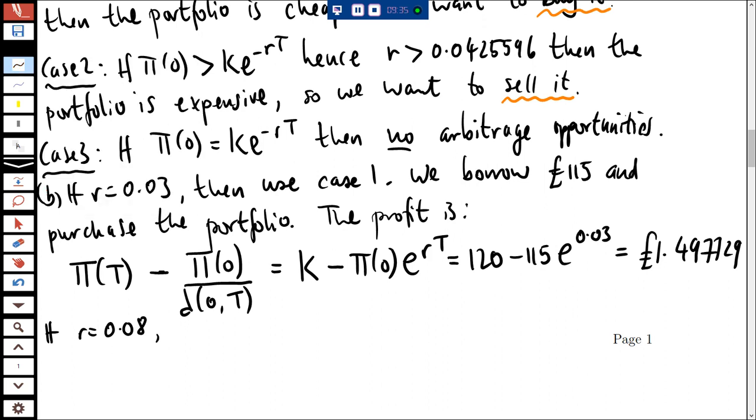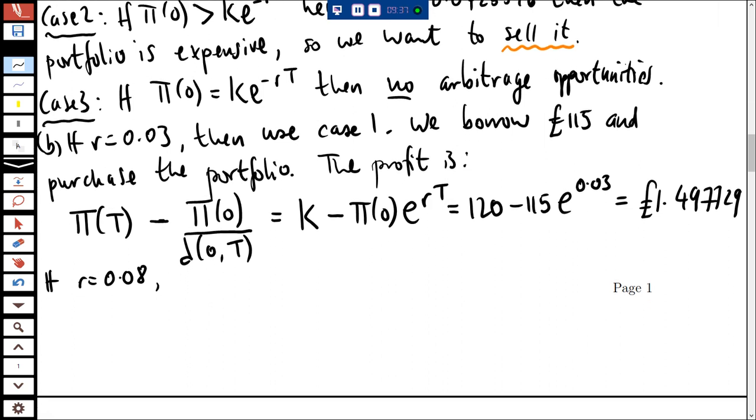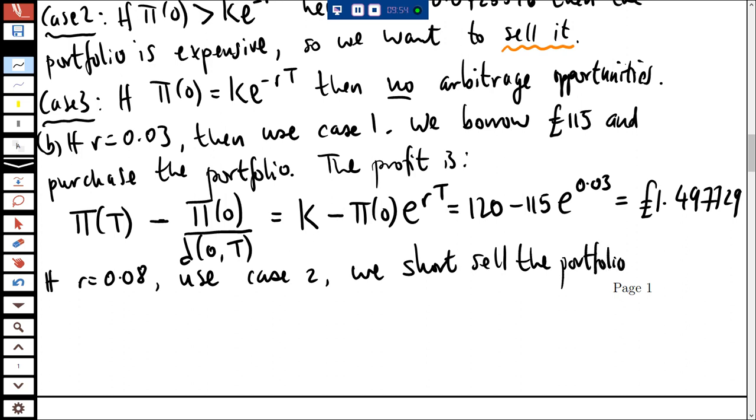Okay, so we want to set up a situation where we're selling the portfolio. So we're going to use case 2. We short sell the portfolio. Okay, if you go short on the portfolio, you're going to receive some money, and we're going to invest this income from the short.